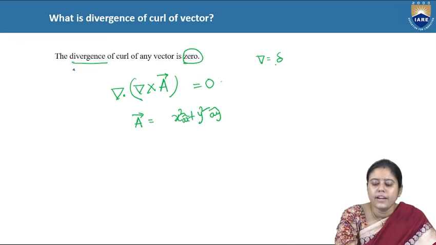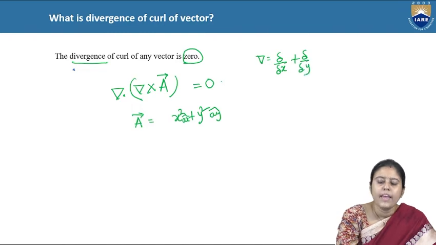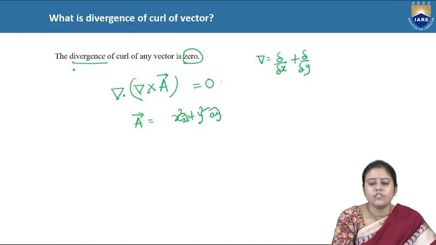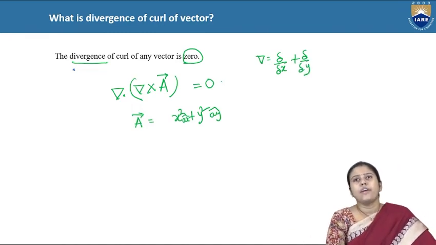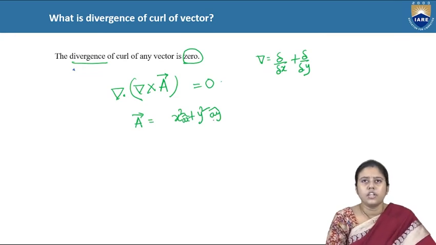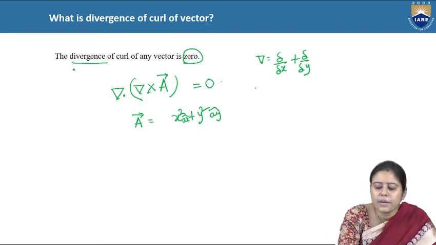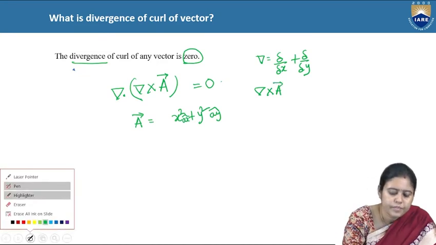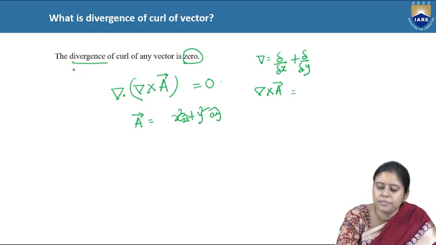Grad means del by del x plus del by del y, and del by del z is also there, but as we are taking a two-dimensional case, we are writing del by del x and del by del y. So what is the meaning of grad cross A?